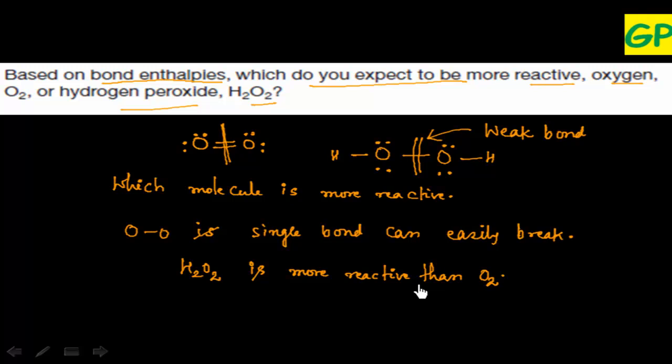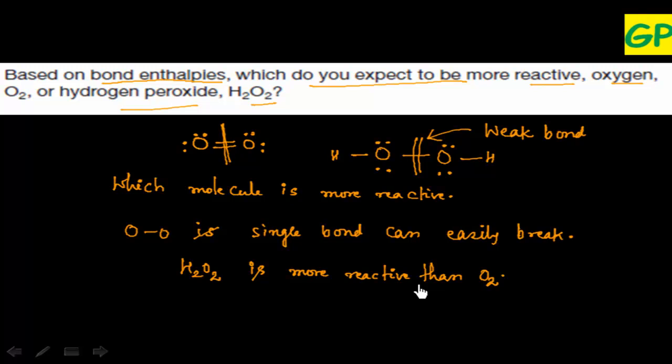So in this lecture we have discussed the concept of bond strength in terms of the covalent bond, and we said that if a bond is stronger, the molecule is less reactive. Then we said how to calculate average bond enthalpies: we atomize the molecule, sum all these enthalpies, and then divide by the number of bonds.